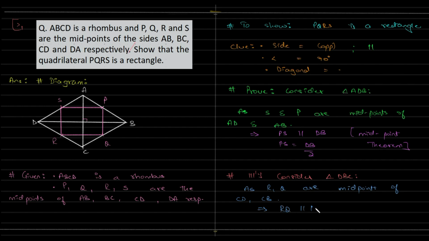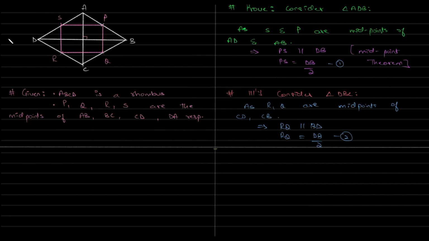PQ is parallel to DB and RQ is equal to DB by 2. So from 1 and 2 and all the set of information, what can we conclude? From 1 and 2 we can tell that RQ is equal to PS and RQ is parallel to PS.